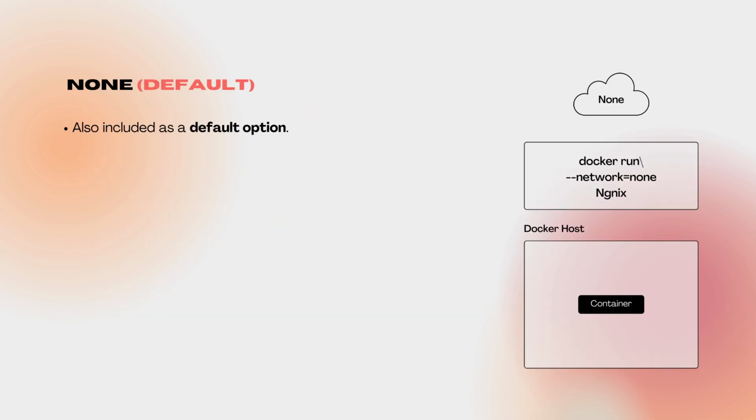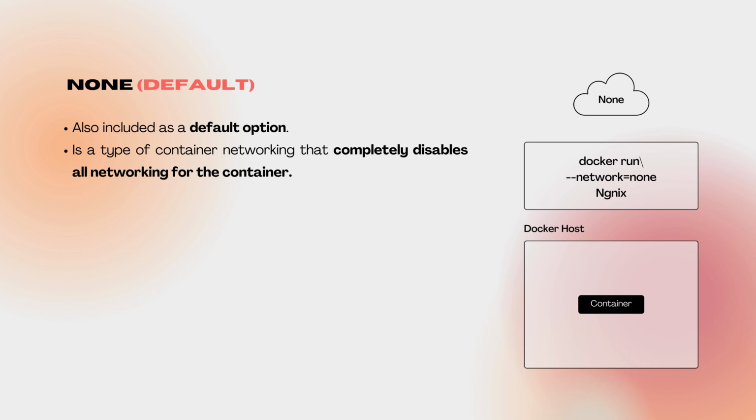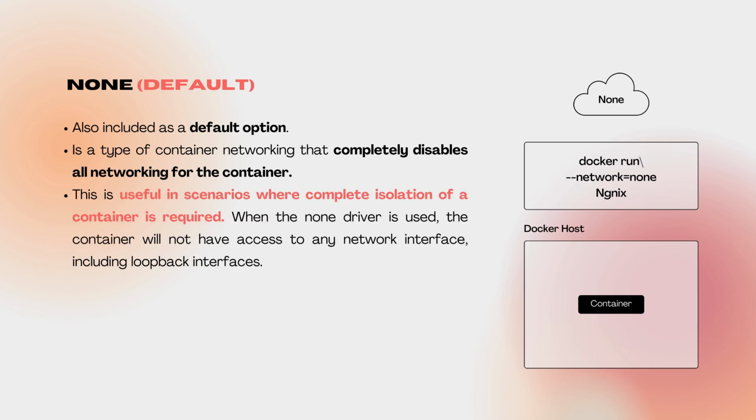The none network driver is also included as a default option. The none driver is a type of container networking that completely disables all networking for the container. This is particularly useful in scenarios where complete isolation of a container is required.